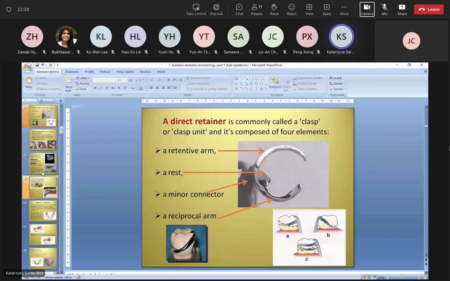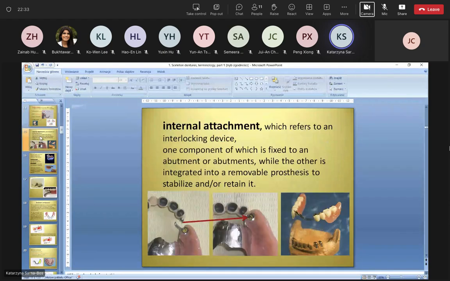Next slide. And what does internal attachment mean? Internal attachment refers to an interlocking device. One component is fixed to an abutment, as you see here. Of course, this is the bridge made for our patient, while the other is integrated into a removable prosthesis to stabilize or retain it.